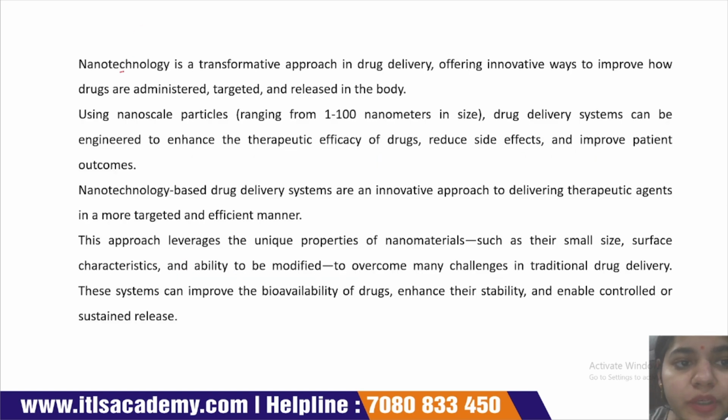Nanotechnology plays a most important role in drug delivery system. With the help of nanotechnology, we perform targeted drug delivery.